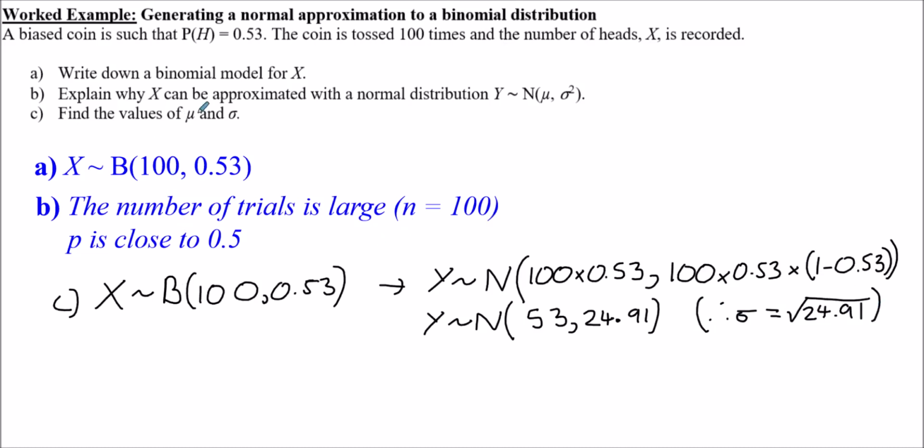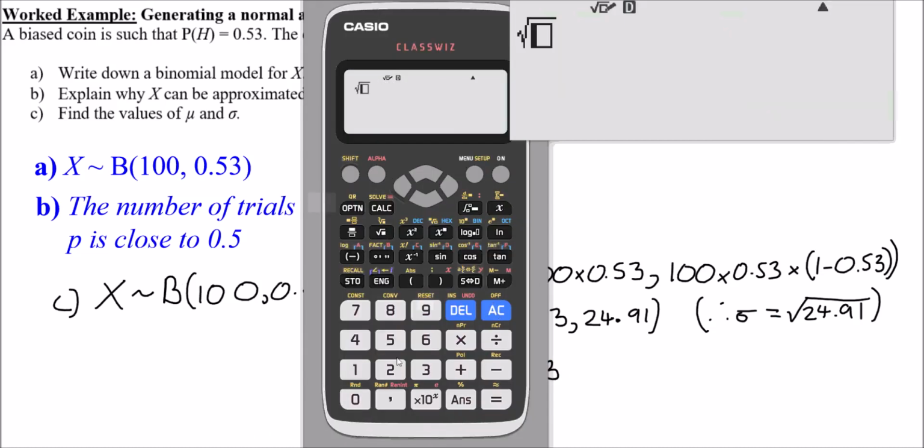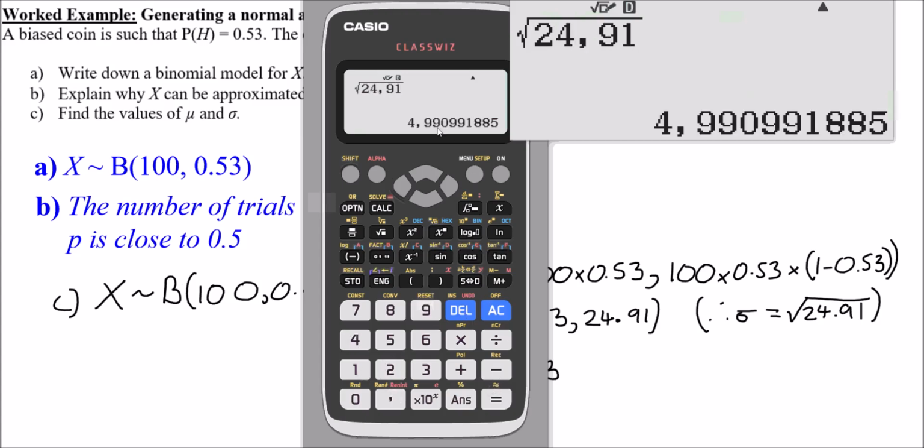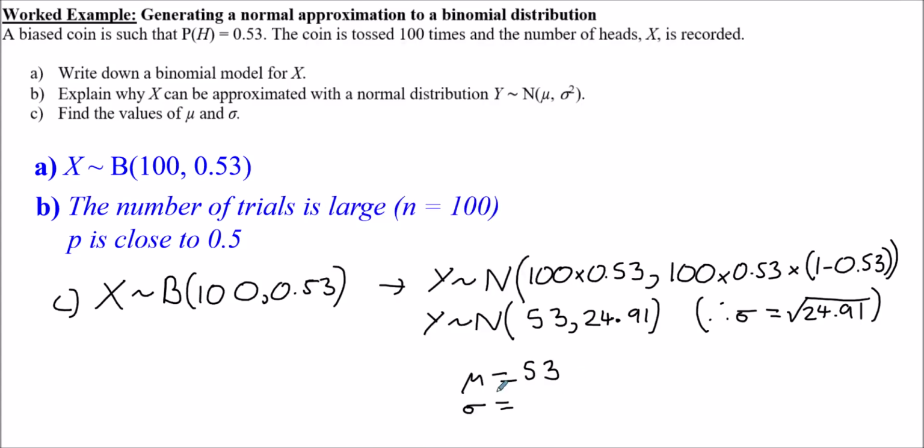If we want to work out mu and sigma, then mu is 53, like we can see, and sigma is the square root of 24.91. That gives us 4.99. So that's all we need to do for that one.